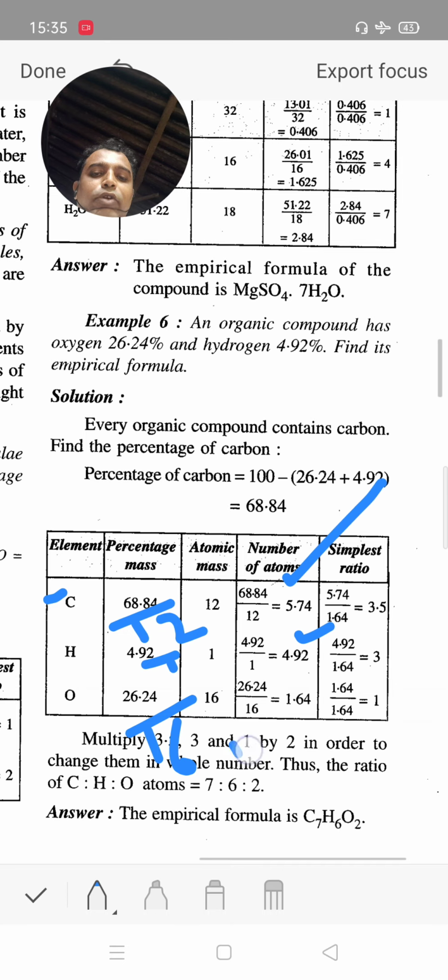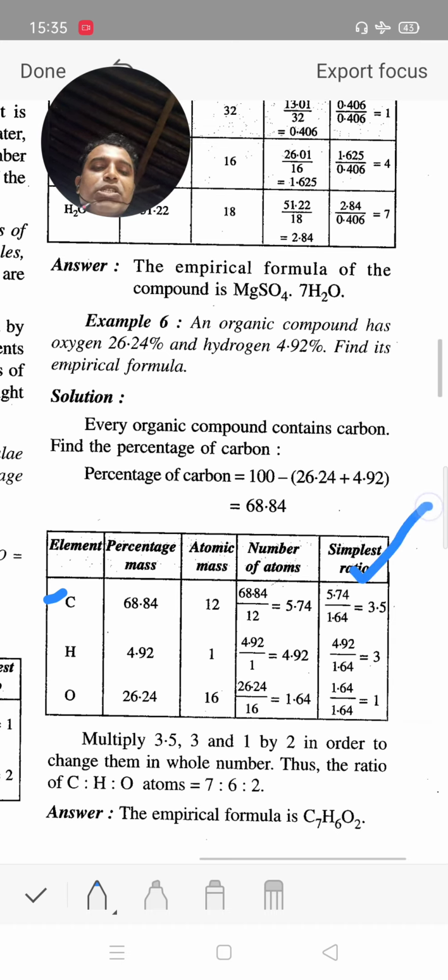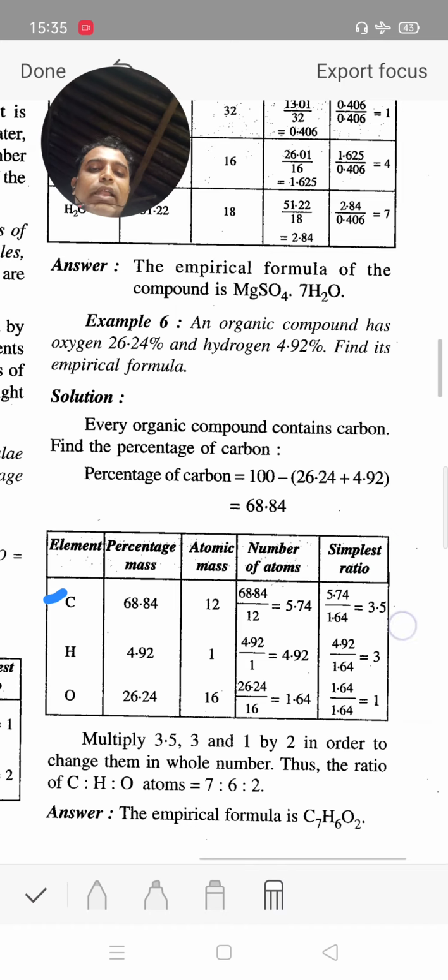Then 26.24 upon 16 gives 1.64. Now for the simplest ratio, the smallest value is 1.64. We divide all the values by it: 5.74 upon 1.64, 4.92 upon 1.64, 1.64 upon 1.64. Then we get oxygen equal to 1, hydrogen equal to 3 and carbon equal to 3.5.